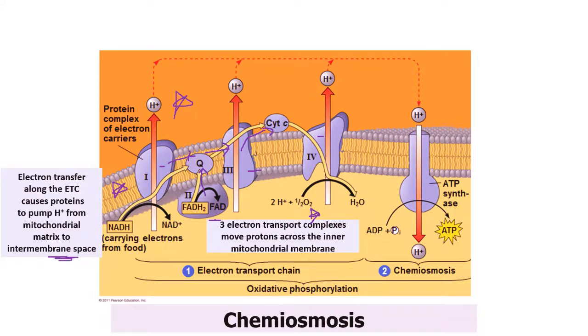This is what we call the generation of electrochemical gradient. It is dangerous to have high H plus at the intermembrane space because this will reduce the pH. So you remember, high H plus concentration will reduce pH.